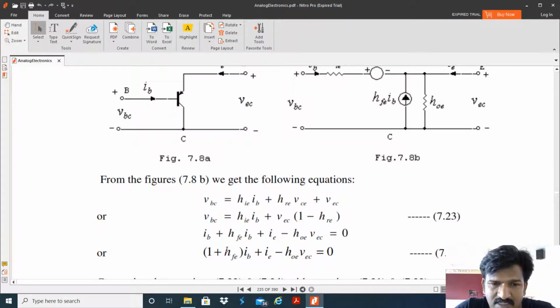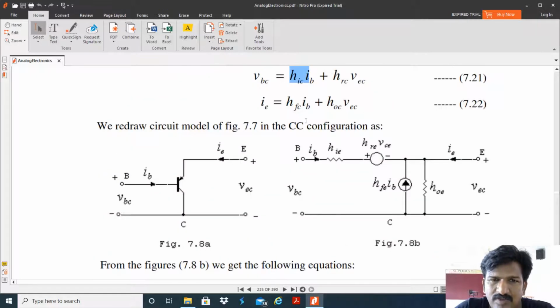Then IB plus HFE IB plus IE minus HOE VEC is equal to 0 according to the KCL formula. Taking common IB, the remaining is 1 plus HFE IB plus IE minus HOE VEC.